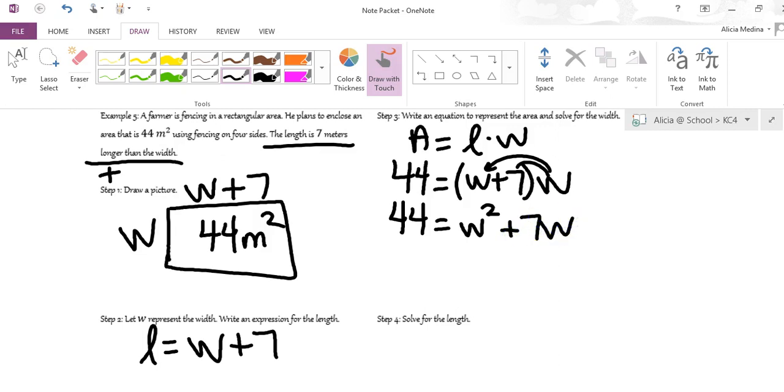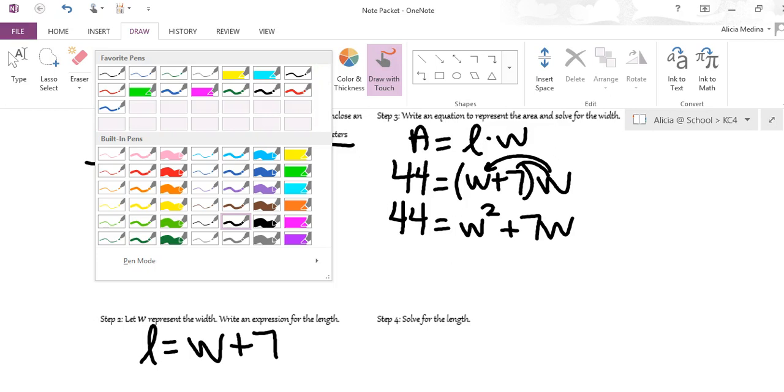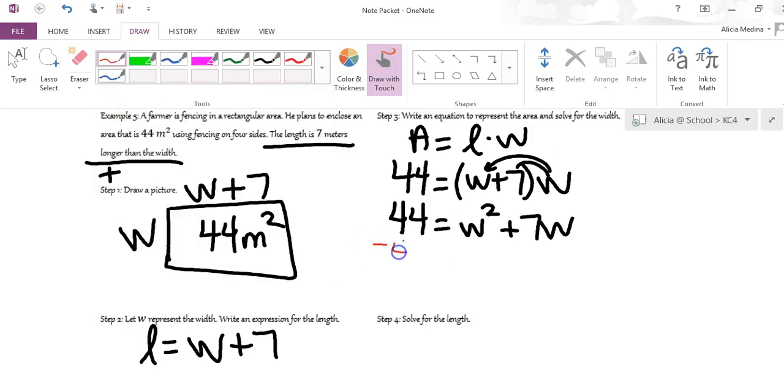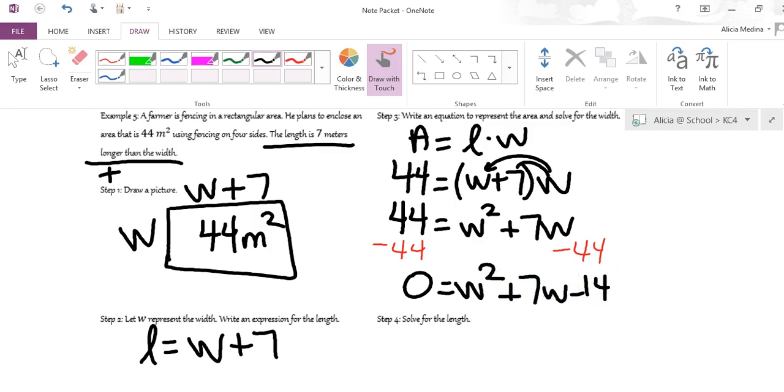I want to make sure that this is equal to 0, so I'm going to go ahead and subtract 44 over to the other side. So 0 is going to equal W squared plus 7W minus 14 now. That's what I'm going to use to help me figure out my box. So I have negative 14 down here.